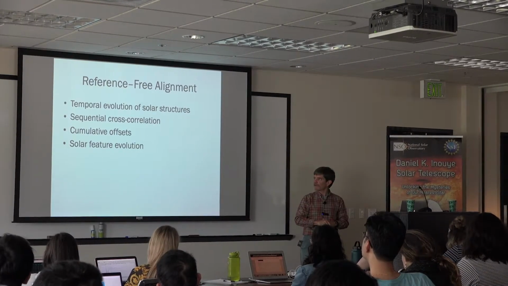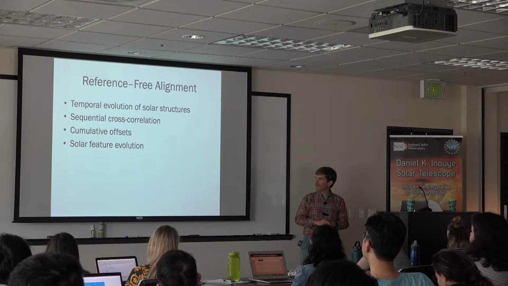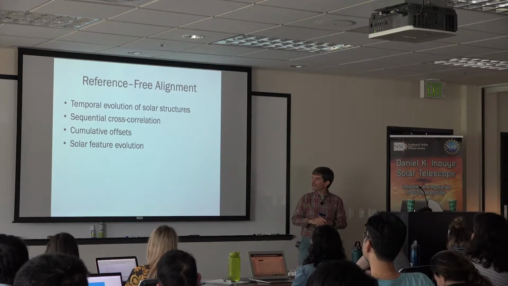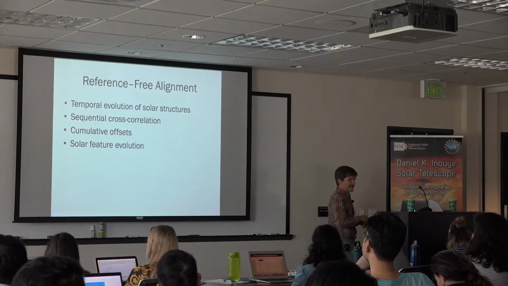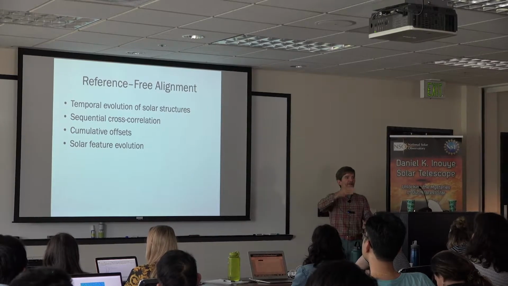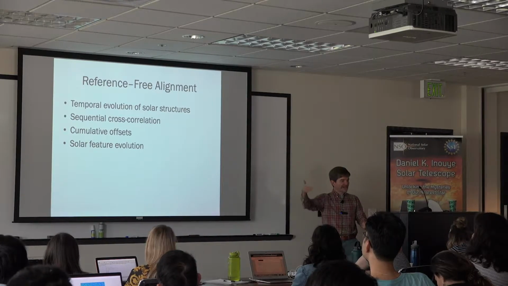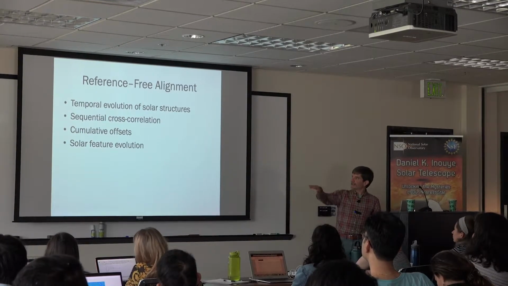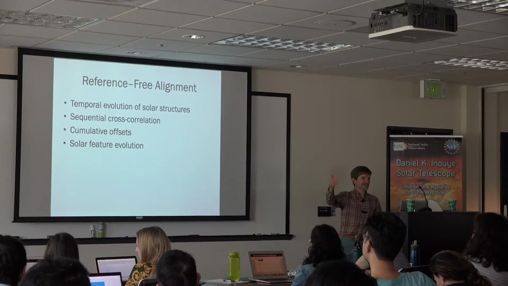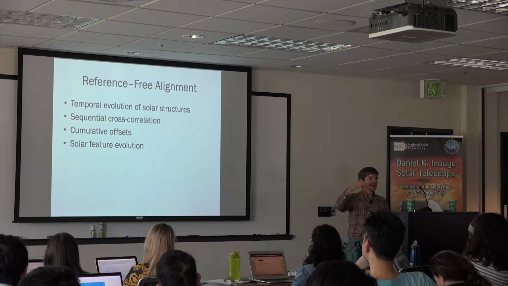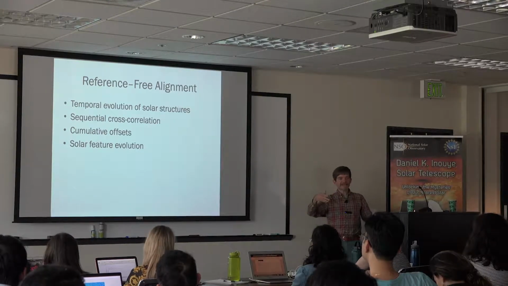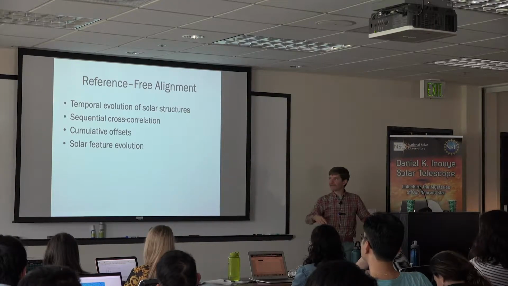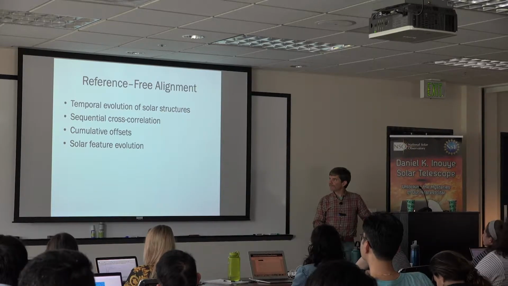Your correlation's not going to be robust anymore. So we need to correlate one image with a successive image, and then build up our alignment based on that, and cumulate those offsets. So each image we reference to the previous one, and then we can cumulate those shifts and get the total drift of the image with time.